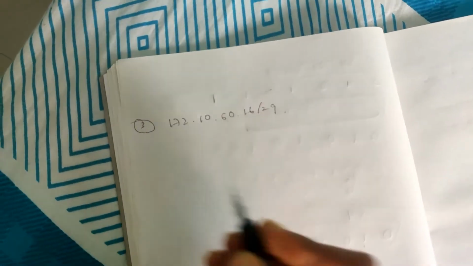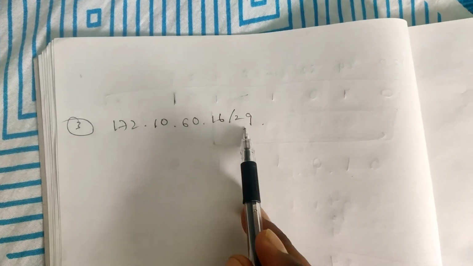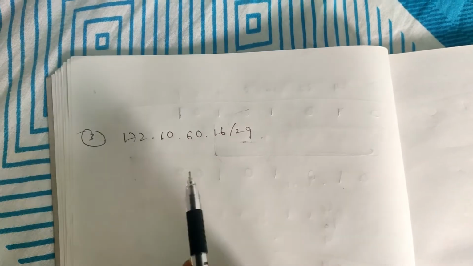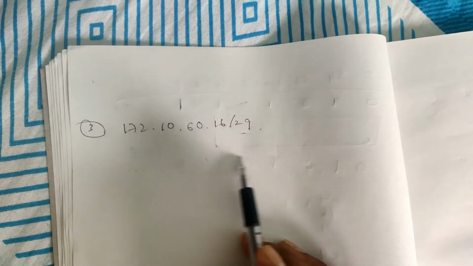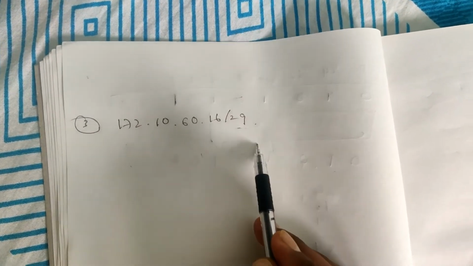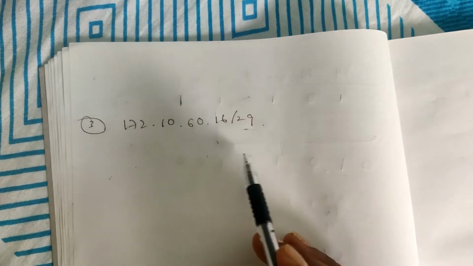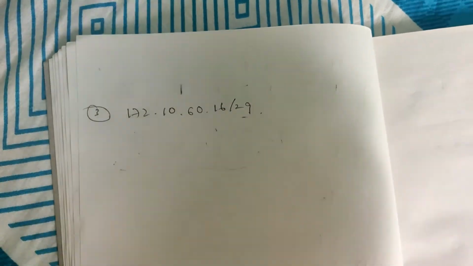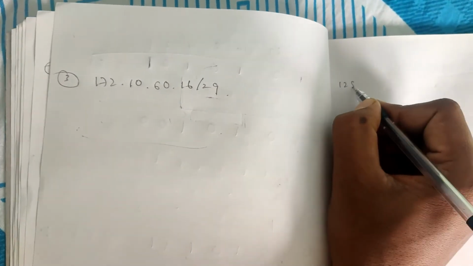So this time this is the example. You can clearly see the CIDR notation says 29. That means the first 29 bits are fixed from the host IP address and the rest are turned off. Turned off means 0, and that will become your network address. If the rest of the bits are turned on, that will become your broadcast address. Okay, let's work it out.